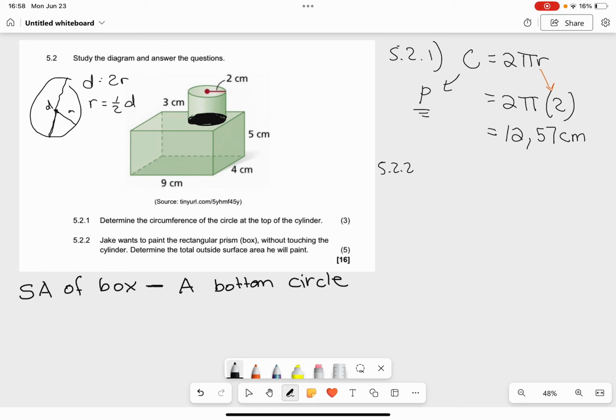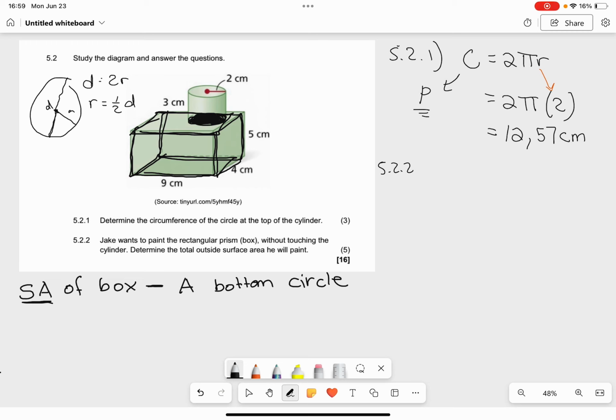Now, surface area is a very simple concept. It means the area of this plus the area of this plus the area of this plus the area of this plus the area of this plus the area of this at the top. Now, you need to work smart and not hard.